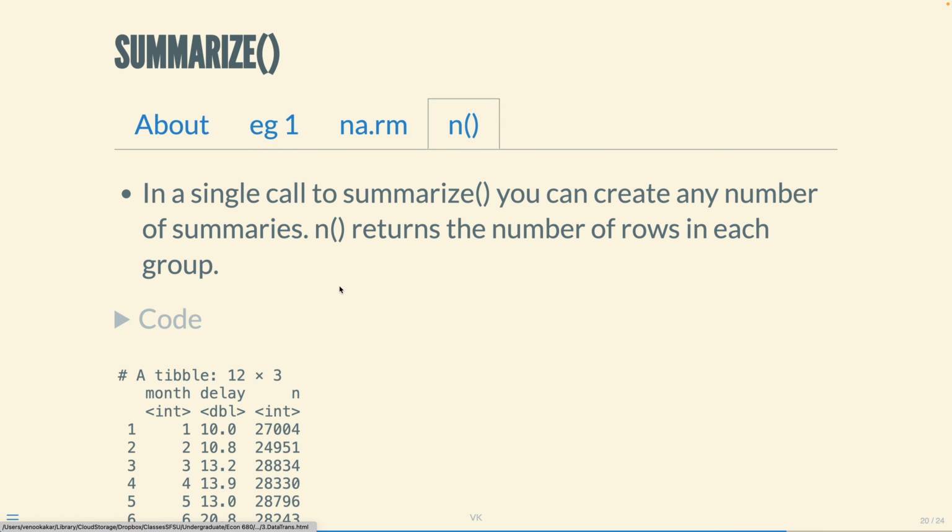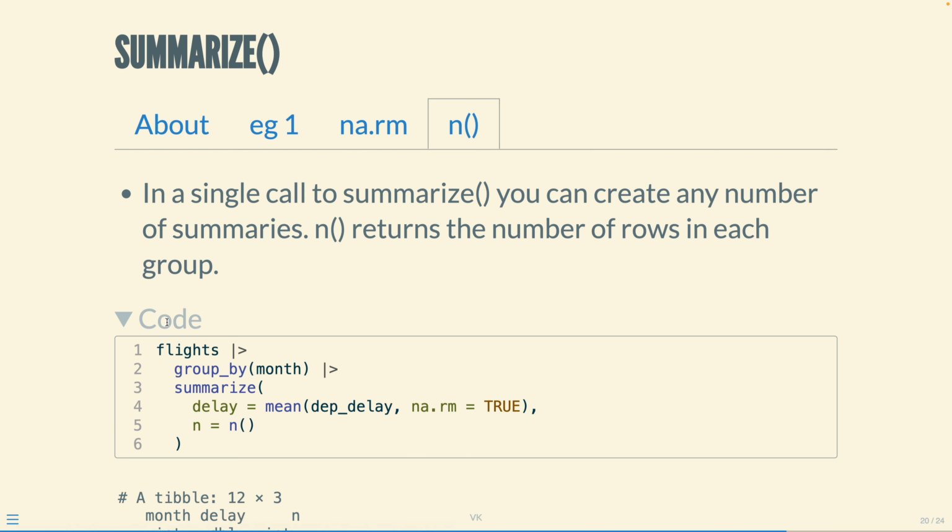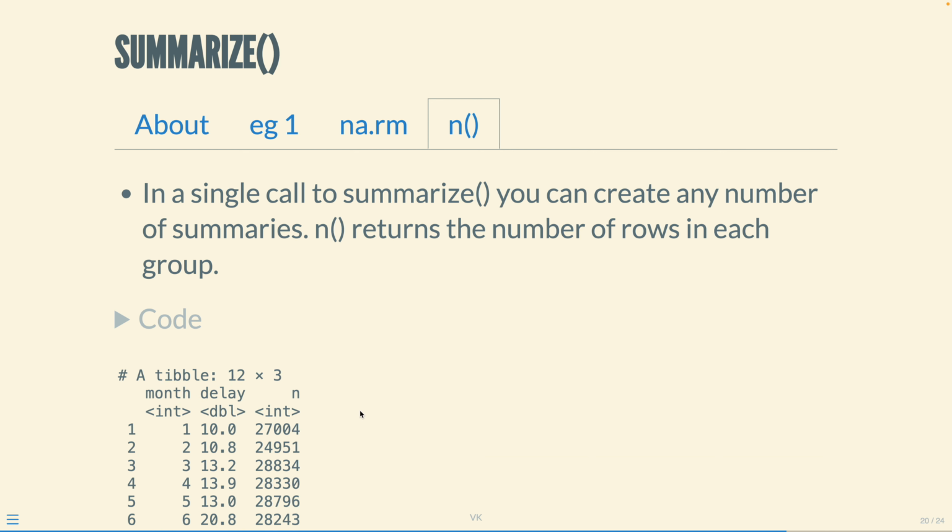Now you might be interested in looking at the number of rows in each group, okay? So we might want to understand, for example, let's just see what's going on here.